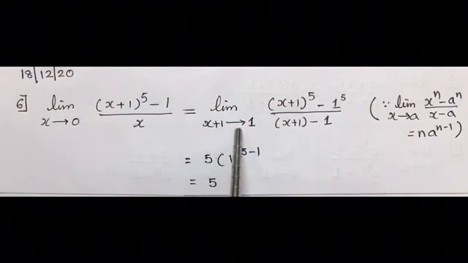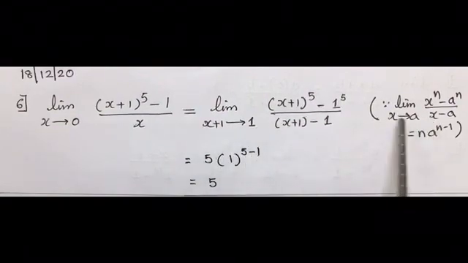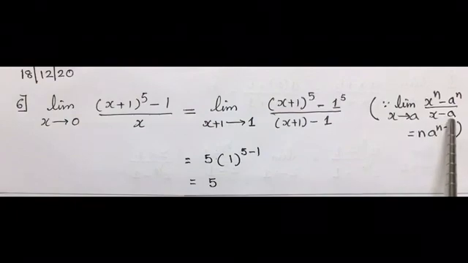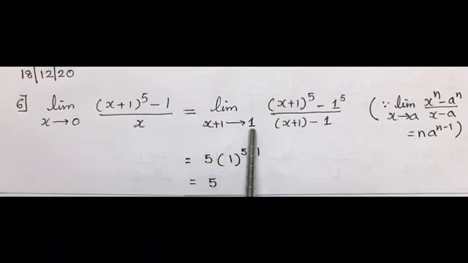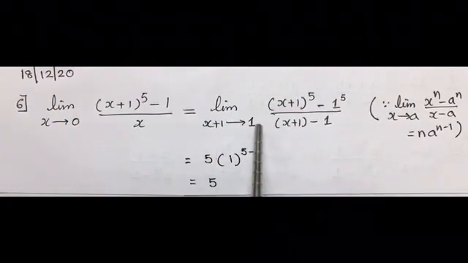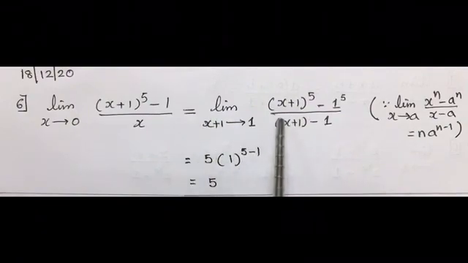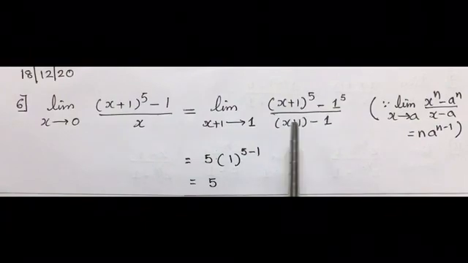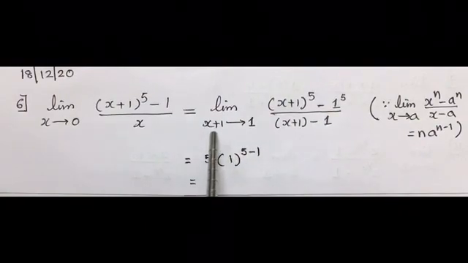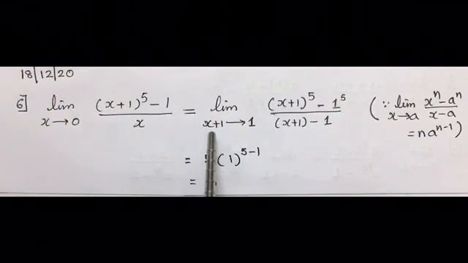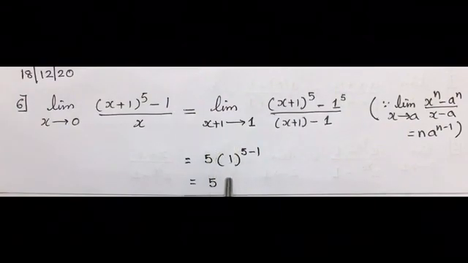So x plus 1 tends to 1. As x tends to a means x minus a, so x plus 1 tends to 1. This adjustment is to be done. So if we are adjusting in the f(x), then the adjustment in the limit is compulsory.